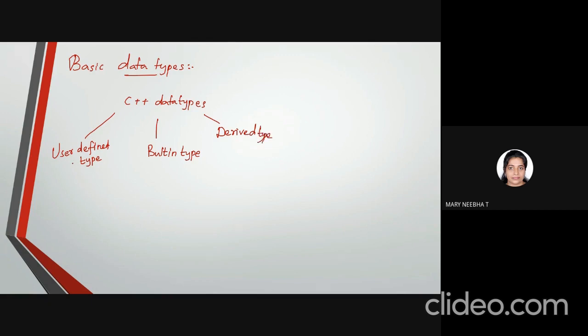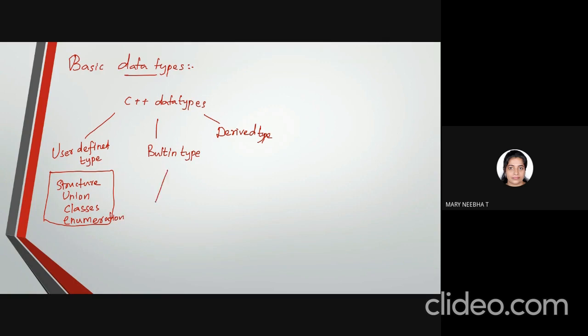Like here, user defined data type. You just keep a note of it. We have structures, union, and the best example for user defined data type is classes, enumeration.